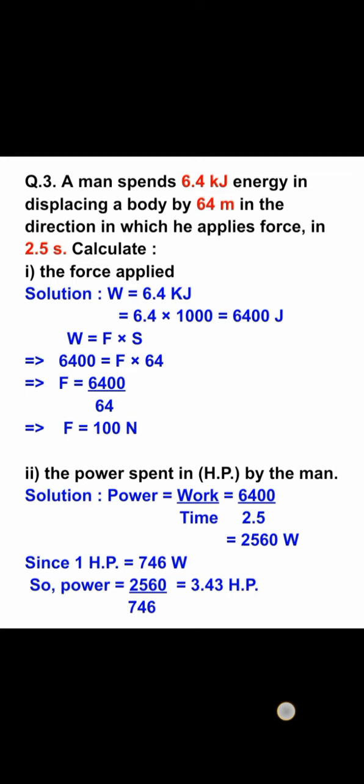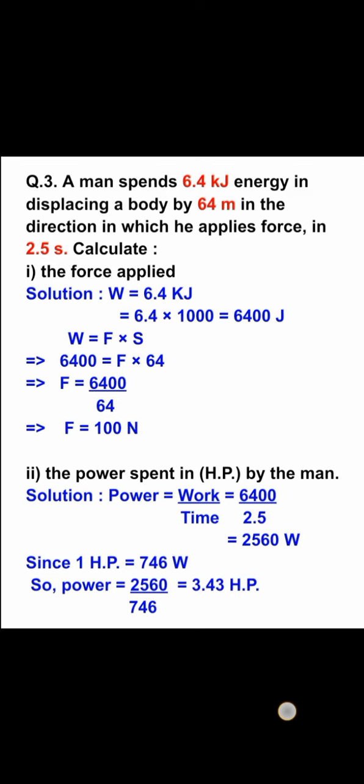Question number 3 is 6.4 kilojoule is the energy and displacement is given 64 meter and time is 2.5 seconds. First part, the force applied. Here whatever is the energy, that is work done only.